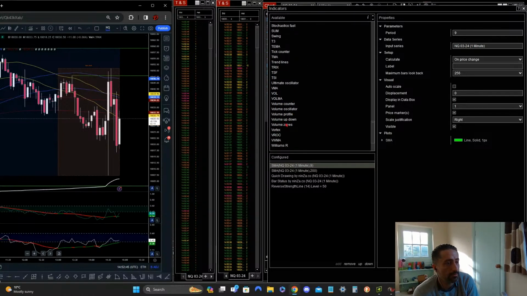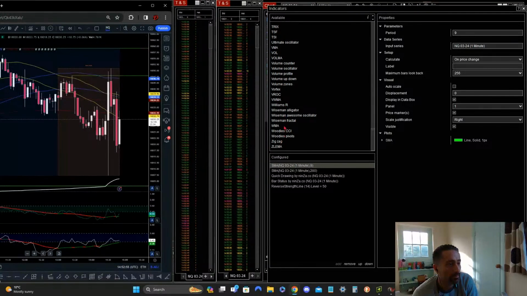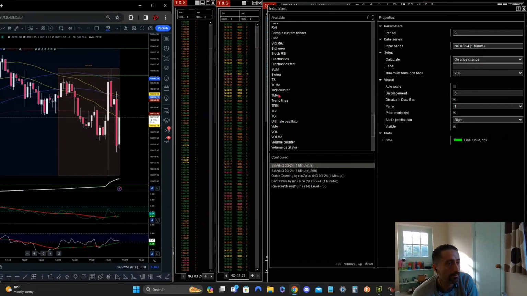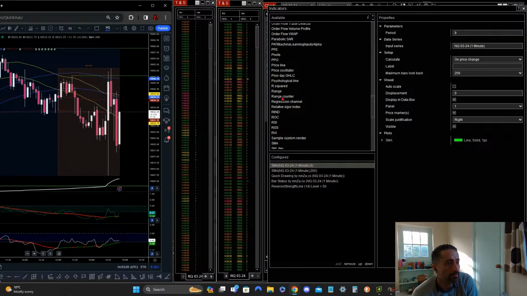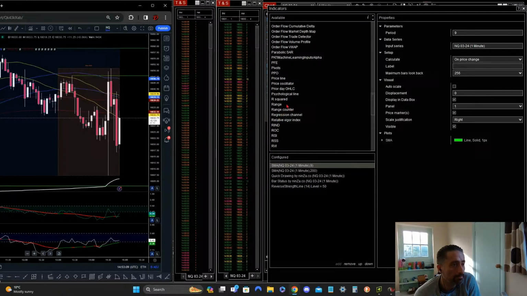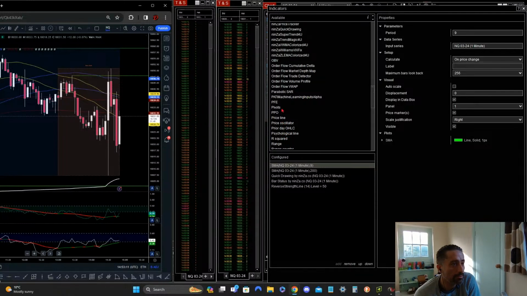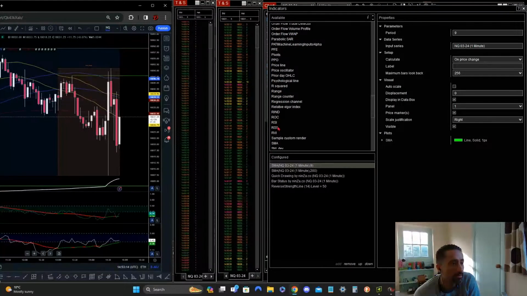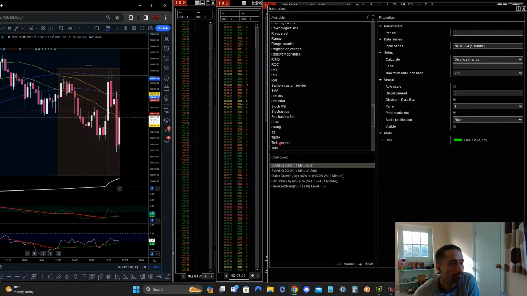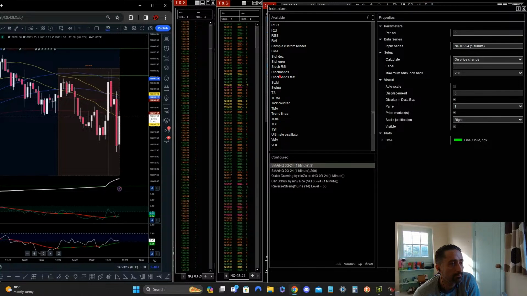What does it have here for volume zones, volume up or down, volume profile, volume oscillator, volume counter, volume MX? There's no regular volume. I've been watching it. I know that I can do it off price action, but I would just like that little bit extra. If I see a high volume bar, give me a bit of a clue and give me more conviction. Is there a tick volume? I swear there was a tick volume.